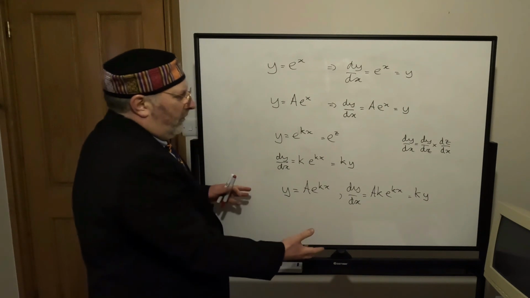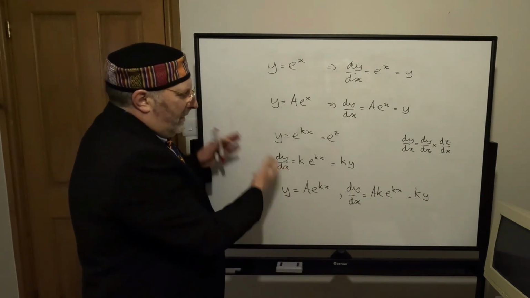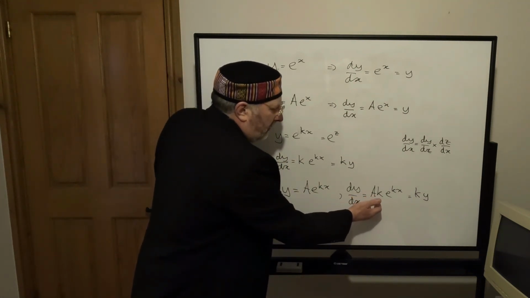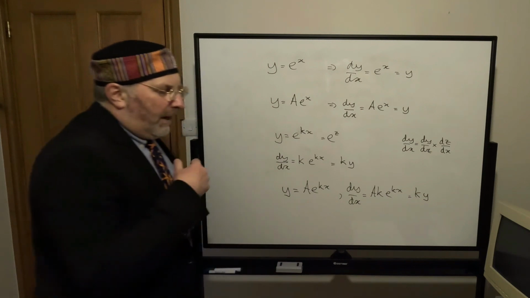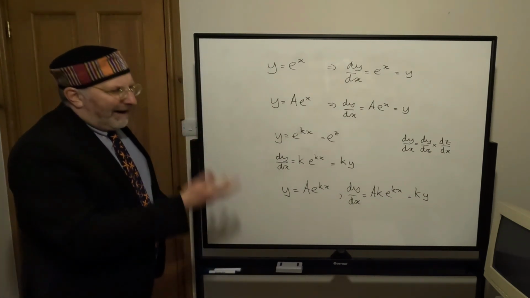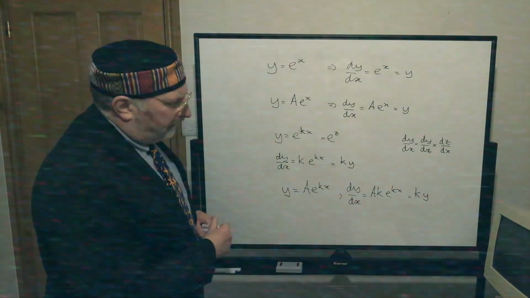So when we're trying to go back to find out what y is, we're integrating, and we've got a constant of integration, and that's this constant a. A little bit later in this lecture, we'll clarify how that's related to the constant of integration.